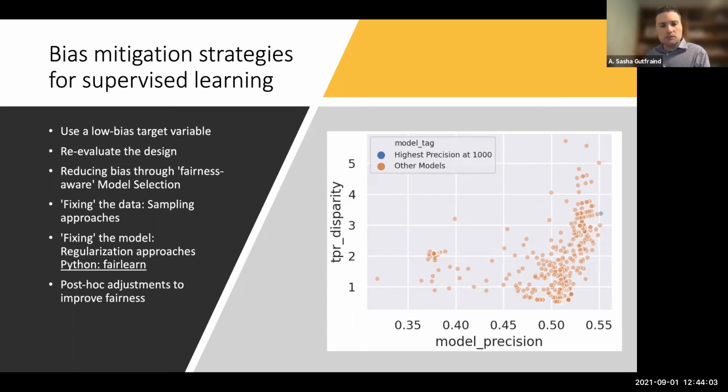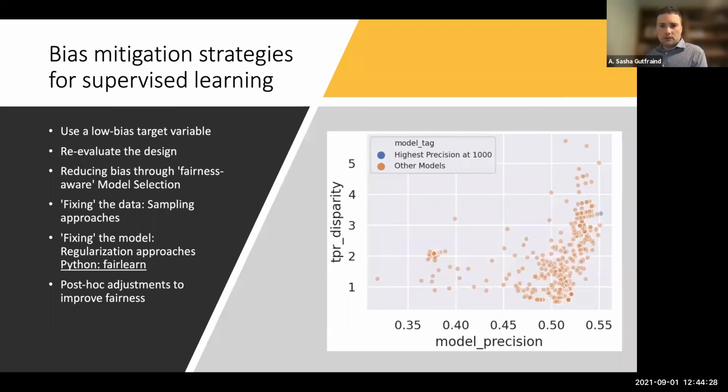I think this comes from a toolkit from Microsoft called Fairlearn. Over here in this scatter plot, you see the model precision for different models, and that's on the horizontal axis. On the vertical axis, you see the true positive rate disparity. So this is something that you want to reduce.